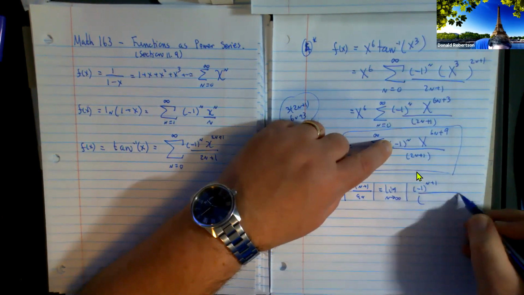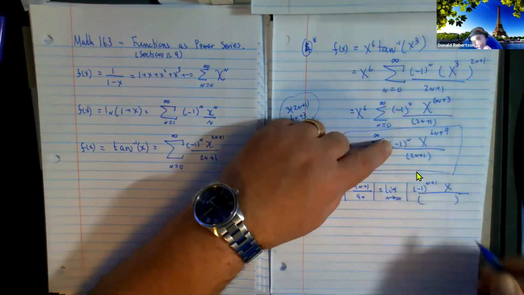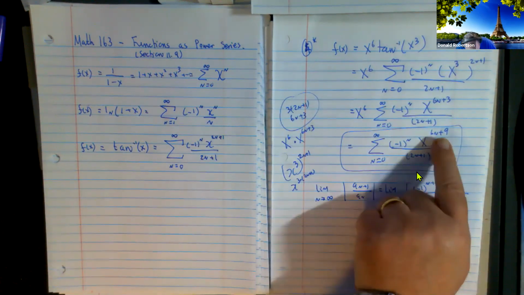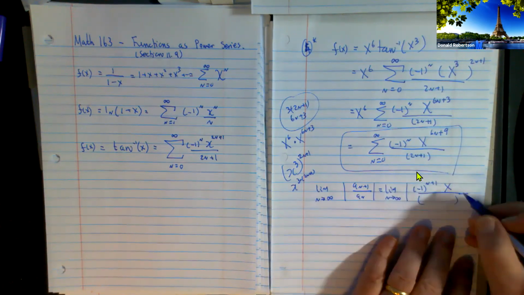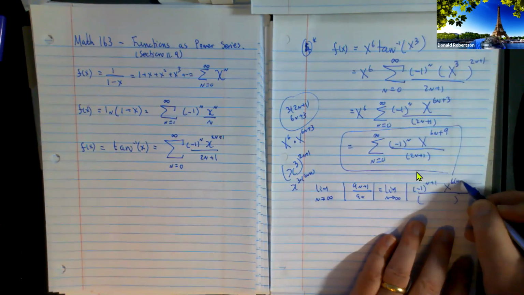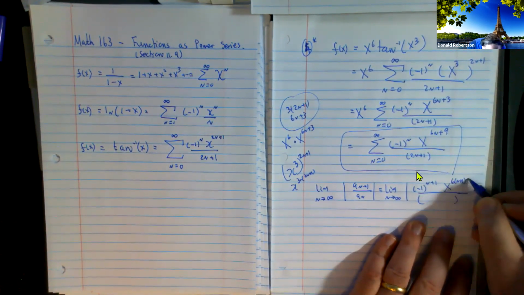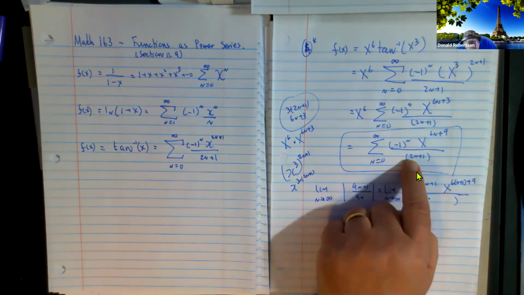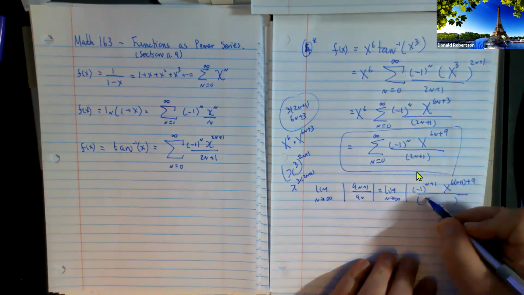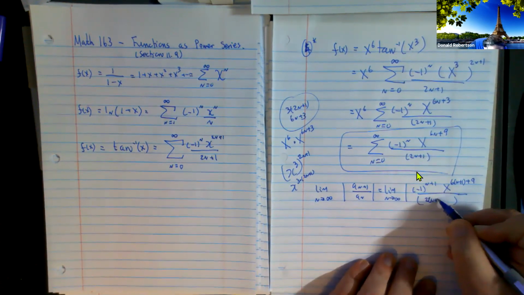Oh, there's some really messy things going on here. When you replace n with n plus 1, you're technically going to have 6 lots of n plus 1 plus 9. And when you replace the n with n plus 1 in the 2n plus 1, you're going to have 2 lots of n plus 1 plus 1.